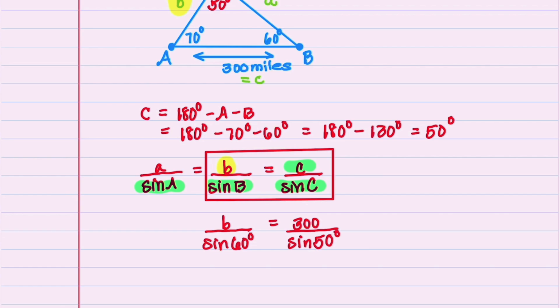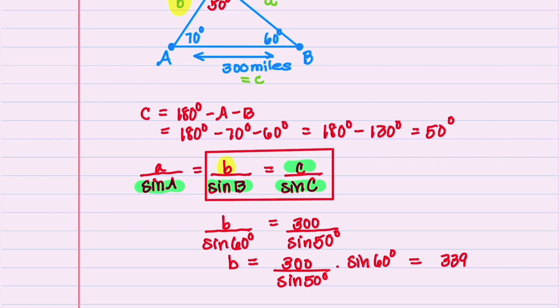If we multiply both sides of the equation by sine 60 degrees, we end up with B is equal to 300 divided by sine 50 degrees times sine 60 degrees. When we throw that into our calculator, we end up with a value of 339.